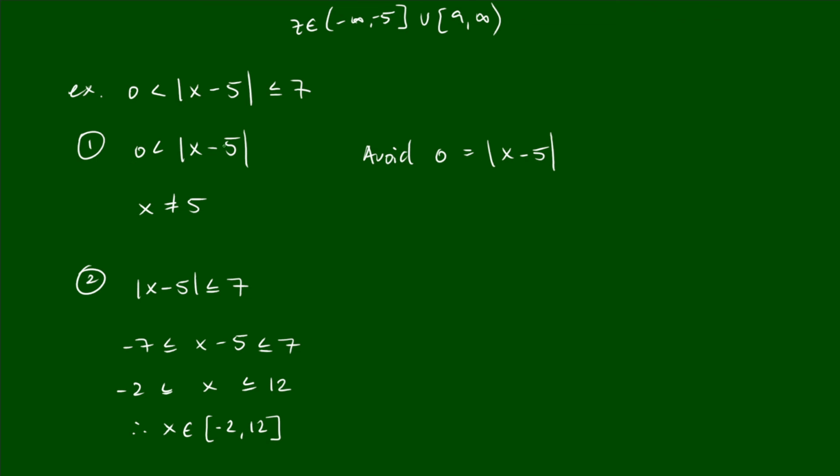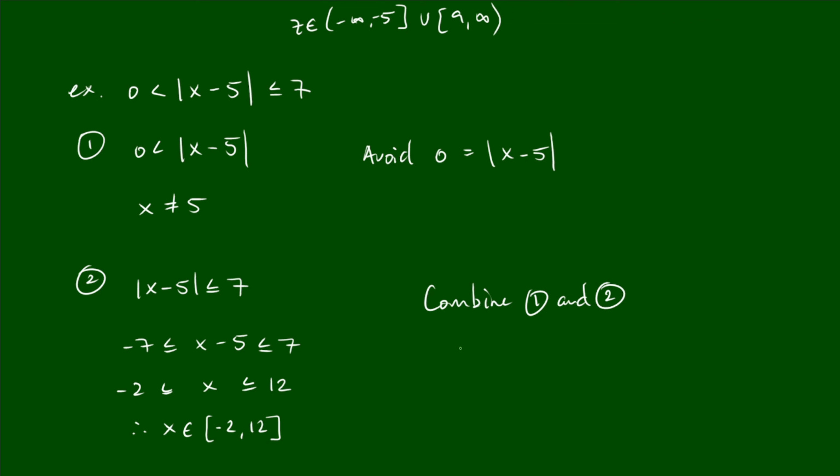To combine the first case and the second case, all you have to do is say that x is within this interval, but x cannot be 5. Okay, so how do you do that? Well, you would combine, just write this down, combine 1, 2.